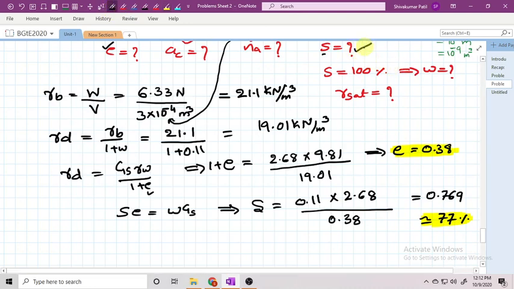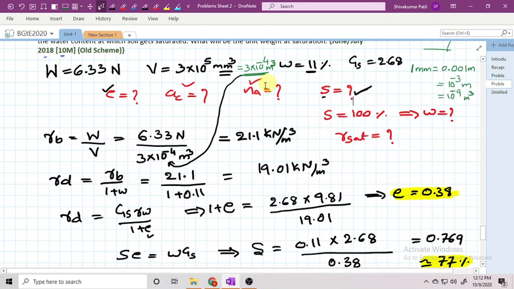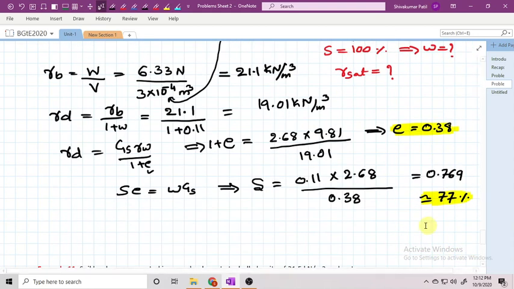So this I got. That means at 11% water content, the degree of saturation was 77%. Now the next thing they are asking is air content, that is AC.